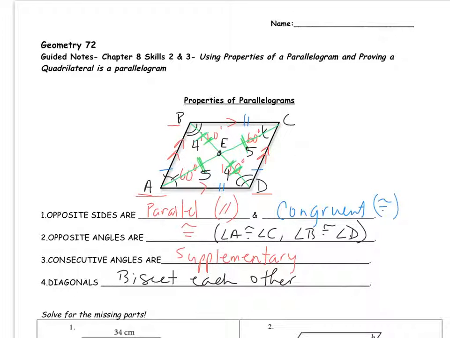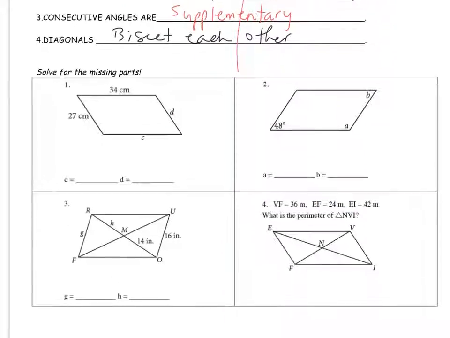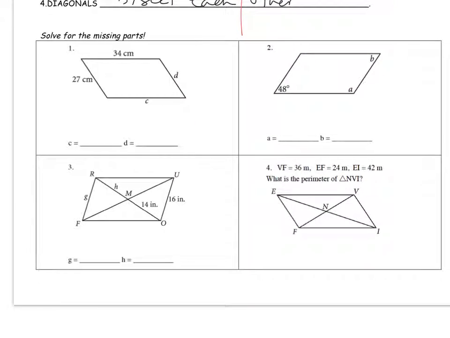All we're going to do now is take all of these properties and talk about applying these concepts. The first couple are pretty basic. If I asked for the value of C, what would you say? 34. Opposite sides are congruent.